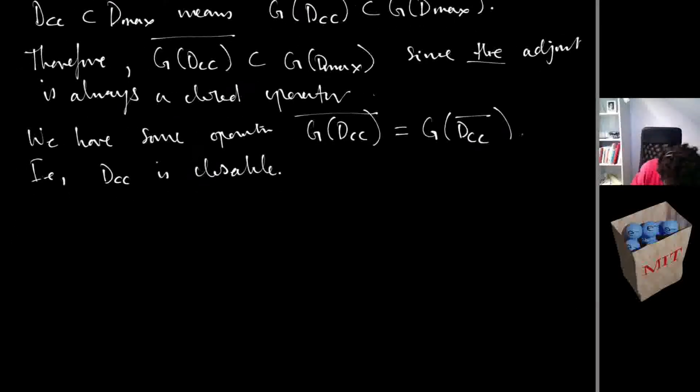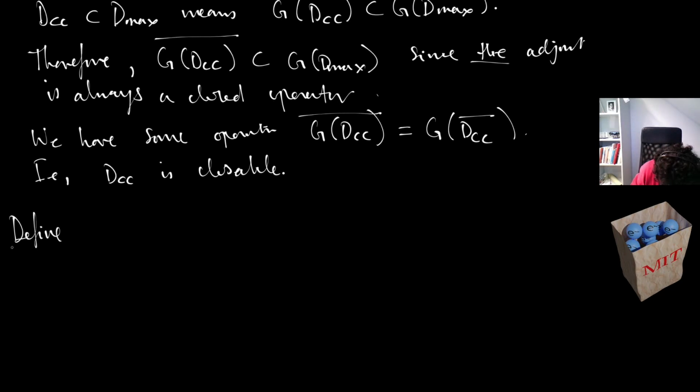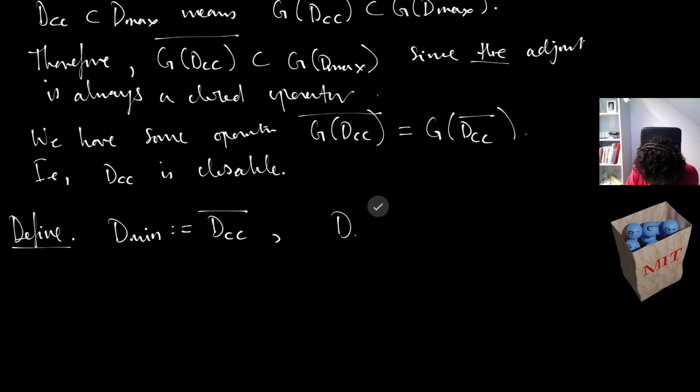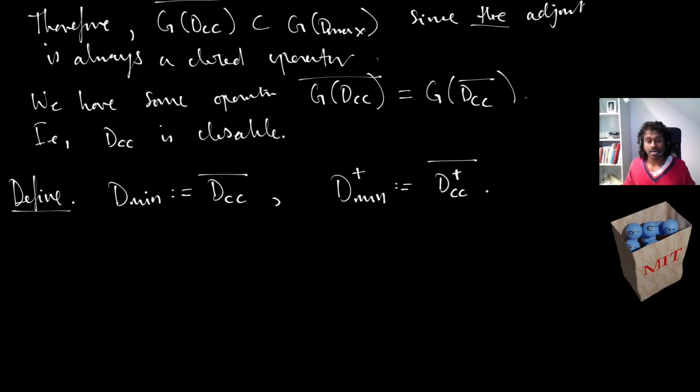So then we can define D min as the closure of D CC, and D min dagger is the closure of D CC dagger. Okay? So in relation to the question that was just asked before, what is true is the following.